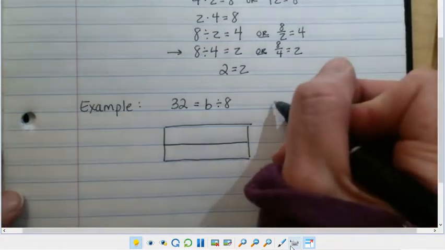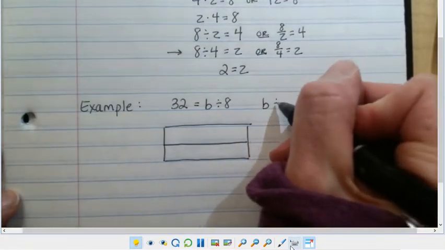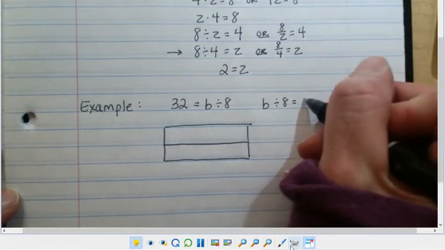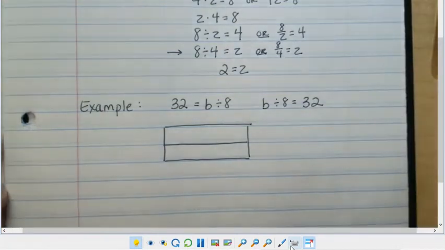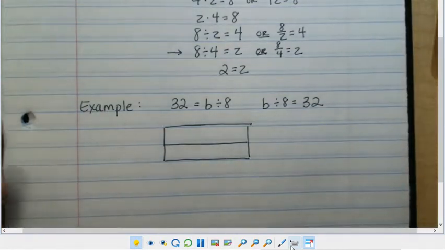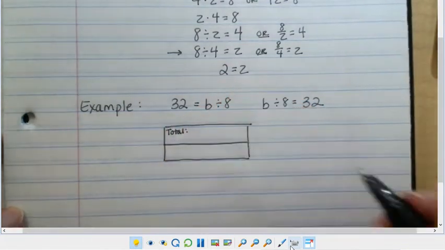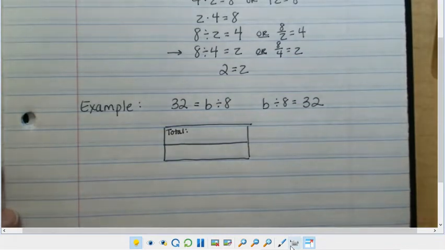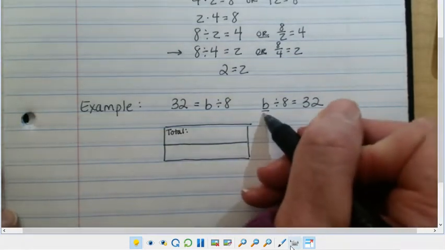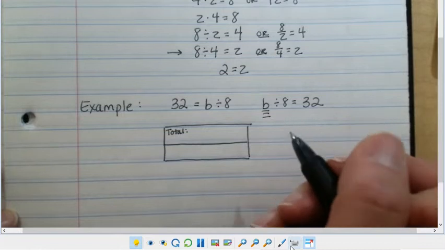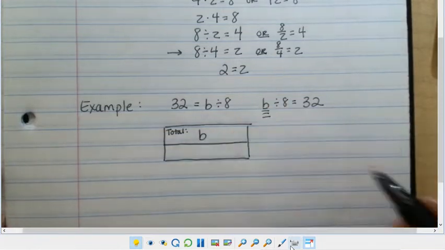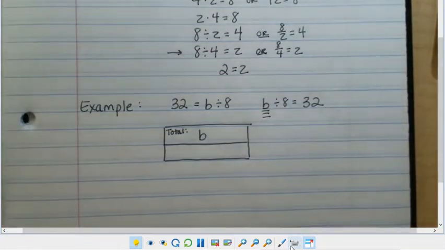So if I wanted to, I could also write this, remember, as b divided by 8 equals 32. So what is my total? What's my largest number going to be in this problem? Yeah, it's going to be my b here, right? My b is going to be my largest number. So that's my total. I don't know my total. That's what I'm looking for.